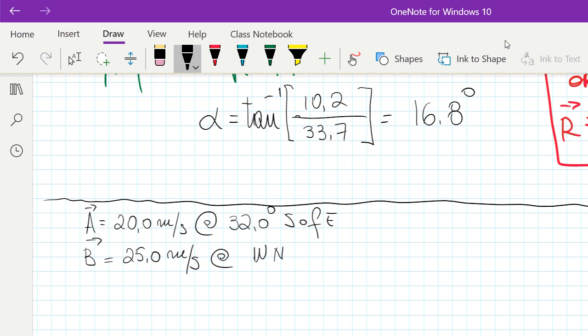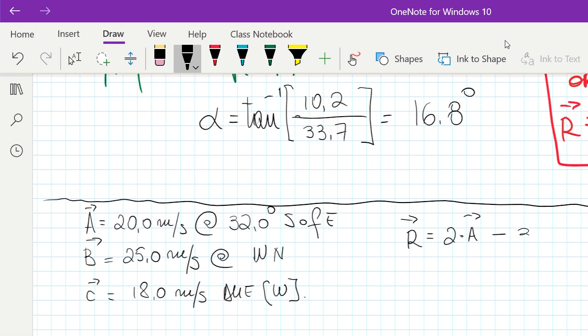And then you have a vector C that is 18 meters per second due west. And what we are looking for is the resultant, that is 2 times A minus 3 times B plus 1 over 4 C.